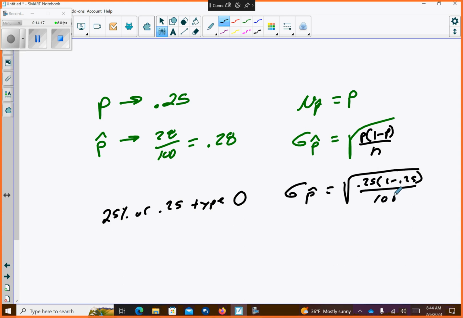If we do the calculation, this comes out to 0.0433. So the interpretation of the statistic is that with a random sample size of 100, we expect to see 25% for type O blood, but it will vary by about 0.043. So we expect 25% with a plus or minus 4.3%.